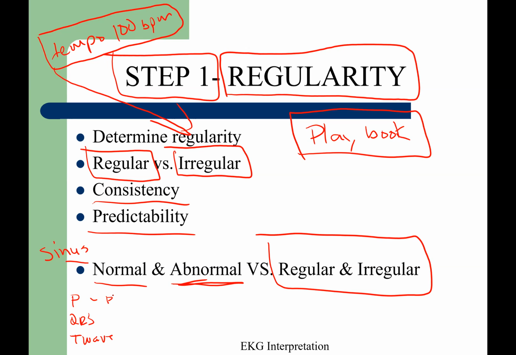And the PR interval within normal range. So normal range PR and consistent P shape. And then the QRS needs to be within normal QRS interval.